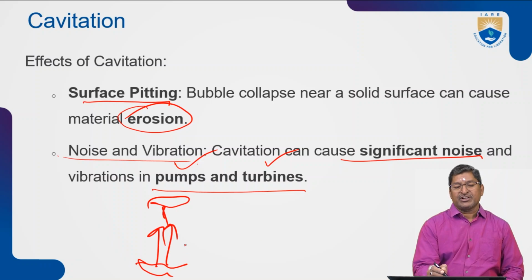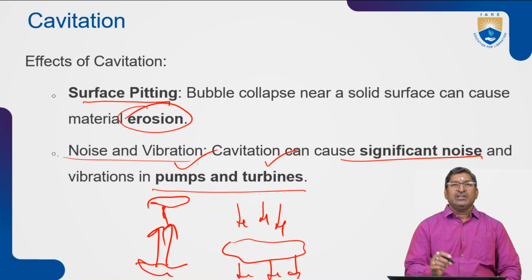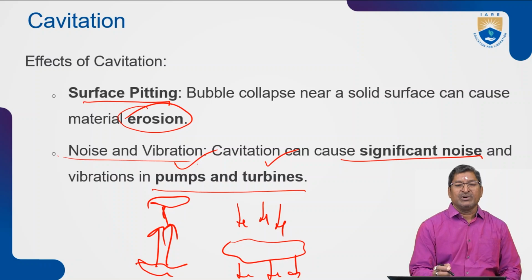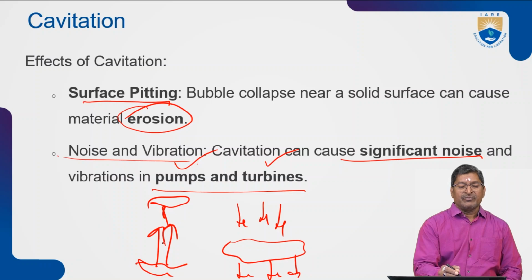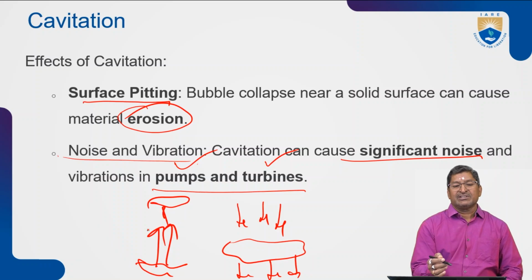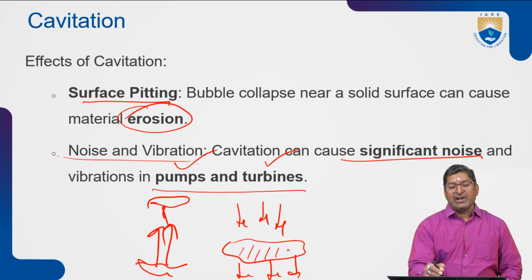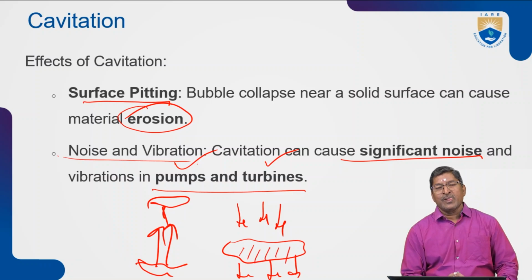Whereas a turbine is the reverse process. Water is traveling from top to bottom through the turbine. This fan-like material rotates, so that energy will be created, electricity will be created.